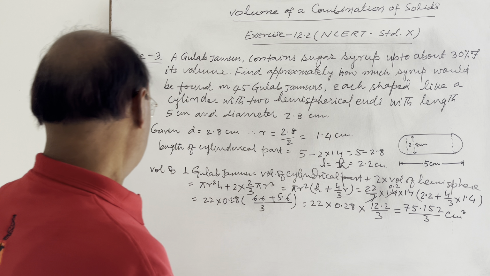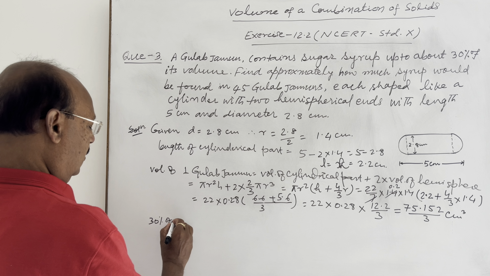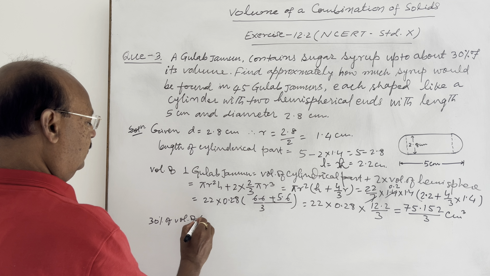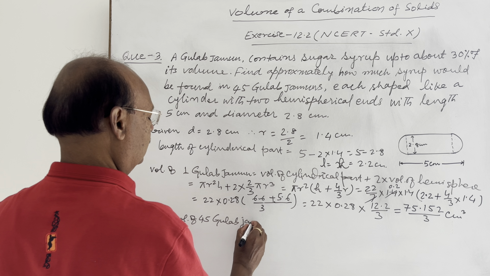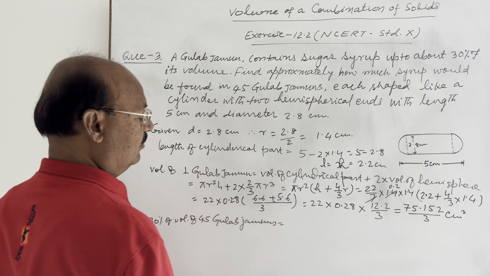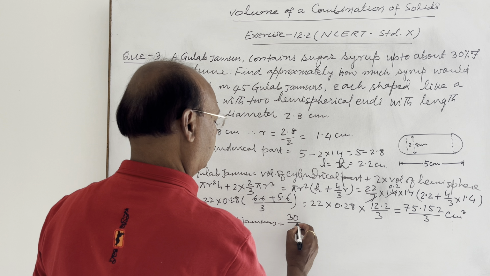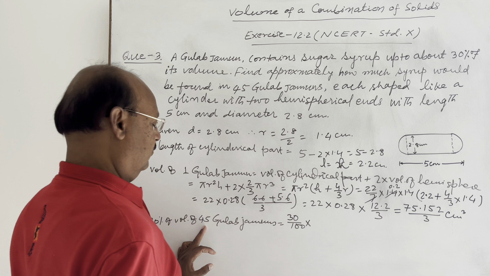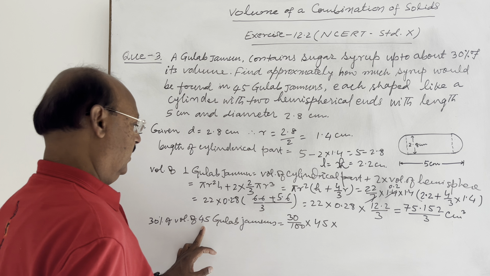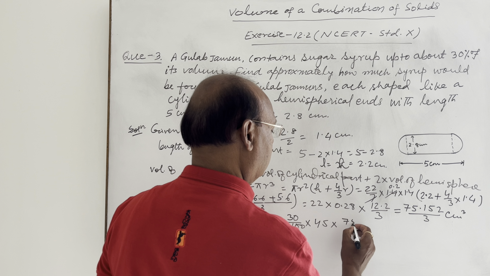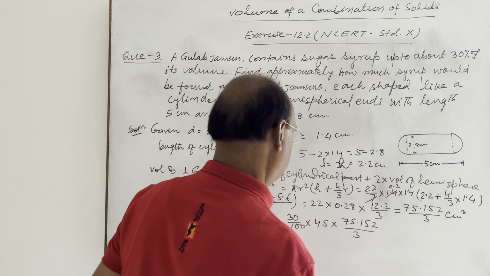Okay, so here we have to calculate 30% of the volume of 45 gulab jamuns. This will be our answer. So 30% means 30 by 100, into 45, into 75.152 by 3.